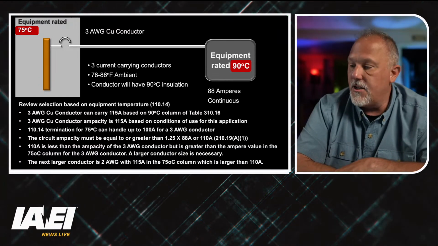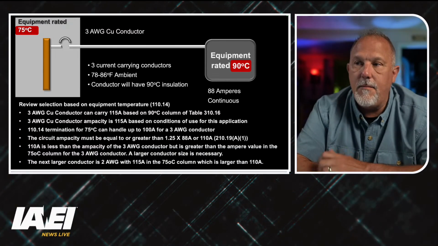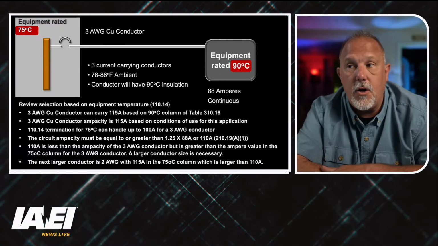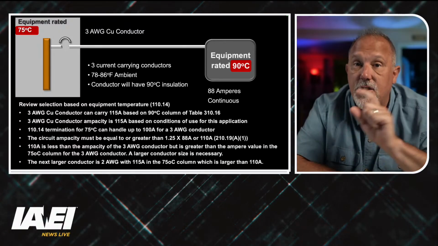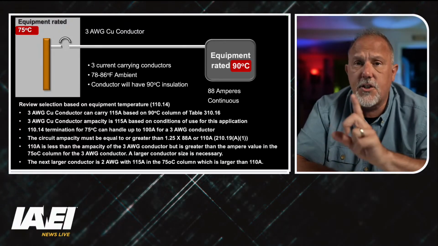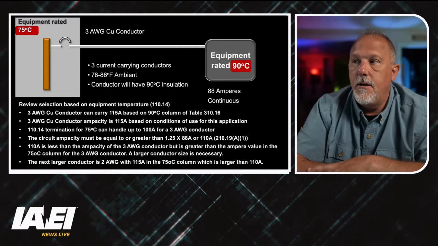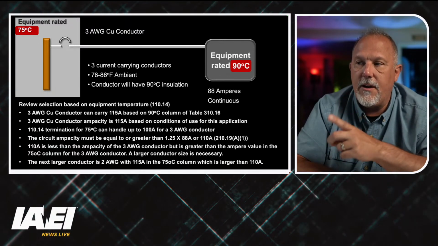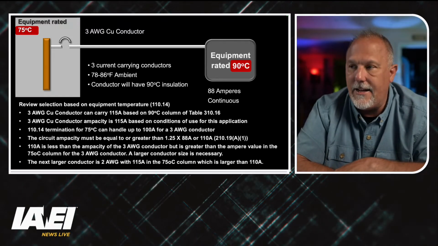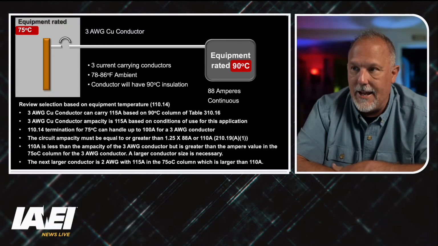110.14 tells me for the 75 degree C column, that 3 gauge conductor can only have 100 amps for the circuit ampacity. The circuit ampacity has to be equal to or greater than 1.25 times 88, or 110.